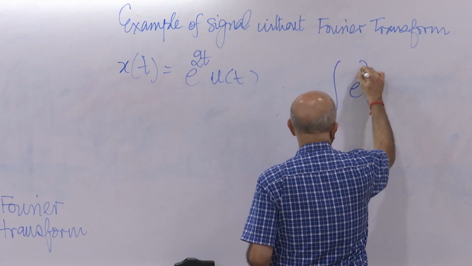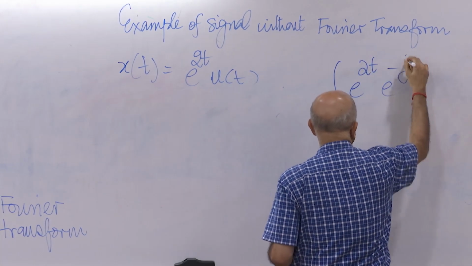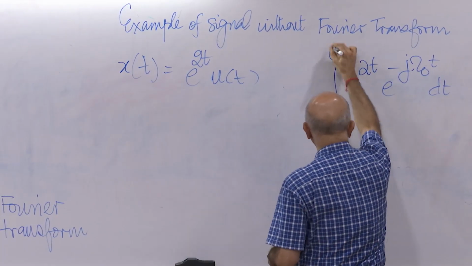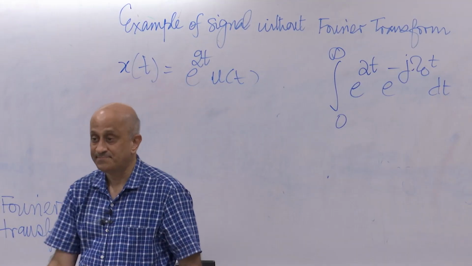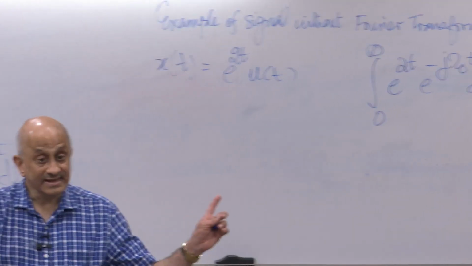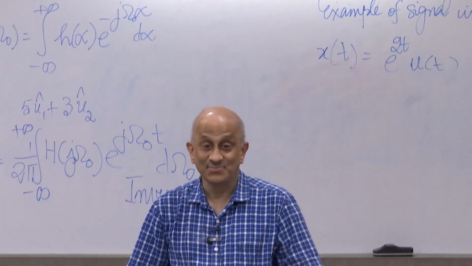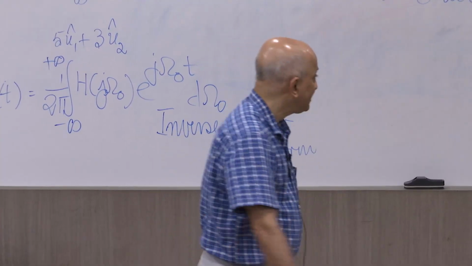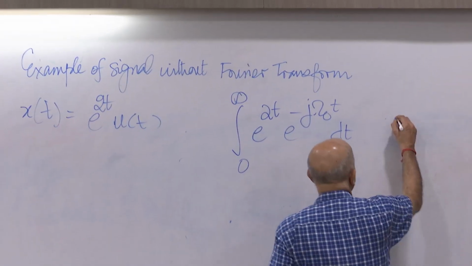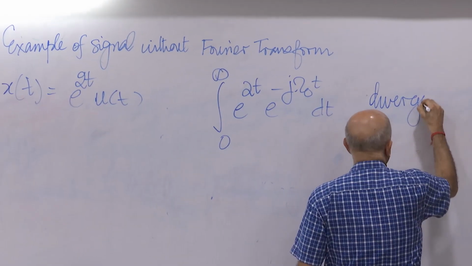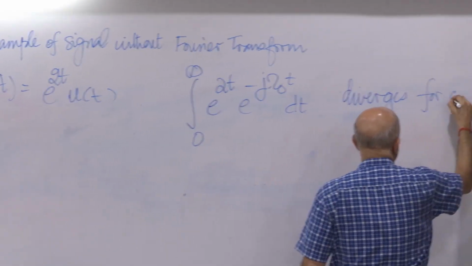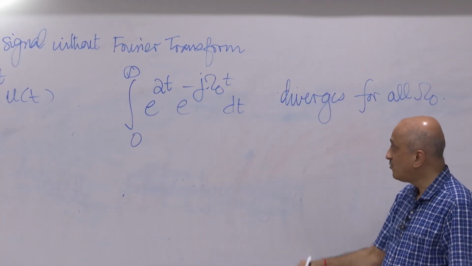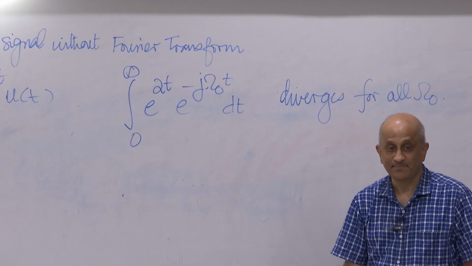It would be the integral of e raised to the power 2t, e raised to the power minus j omega t dt from 0 to infinity, because there's a u of t there, right? Now, is this integral convergent for any omega? No. This integral diverges for all omega, and therefore, this signal has no Fourier transform, right?